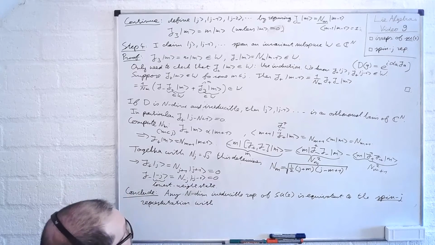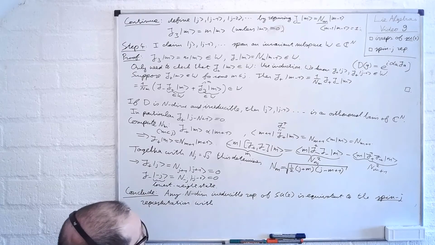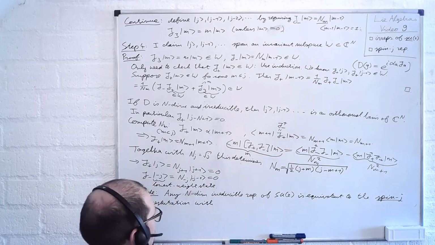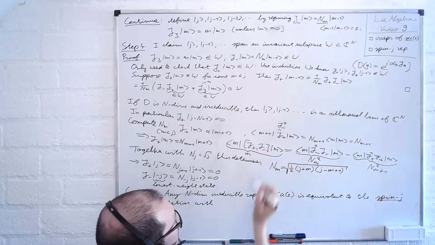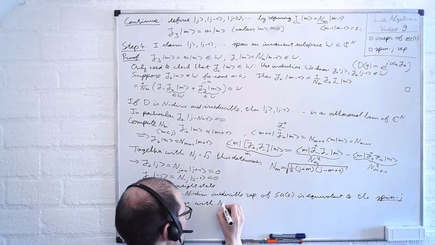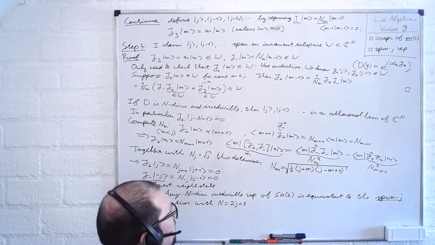And well, what is the dimension of the spin J representation? So it has states from J all the way down to minus J. So there are exactly 2J plus 1 of them, with n equal to 2J plus 1.